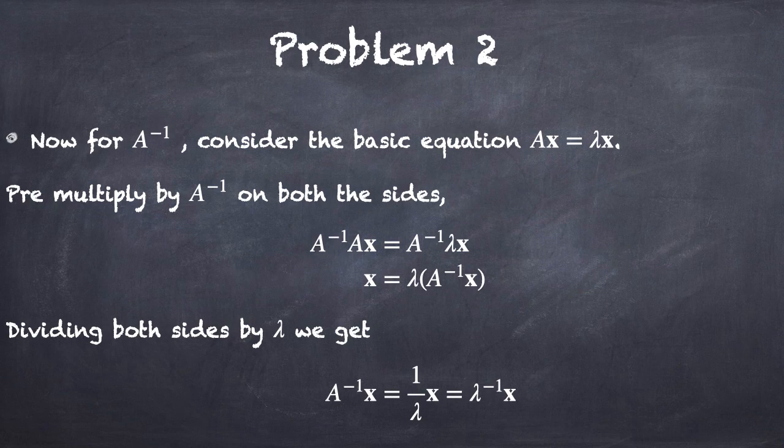Now all we have to do is divide by lambda on both sides. This gives us A inverse x equals 1 over lambda times x, and we can write that as lambda to the power of -1, or lambda inverse, times x. So all we have to do is reciprocate lambda in order to get the eigenvalues for A inverse.